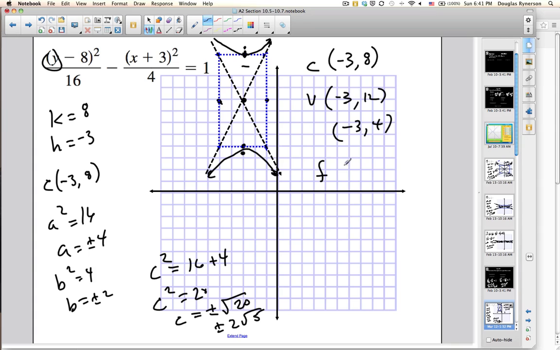And my foci, if you'd like to write this as a plus or minus, would be at the location from my center plus or minus the change vertically to root 5. Okay, that would locate both of my foci. And that's graphing a hyperbola when you're not centered at 0, 0.